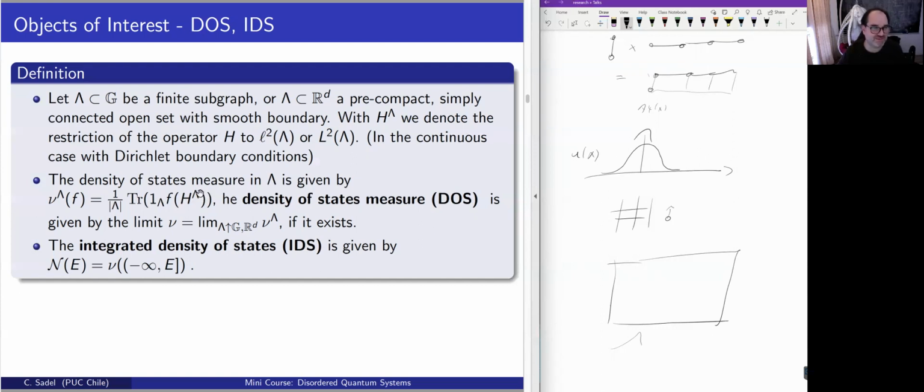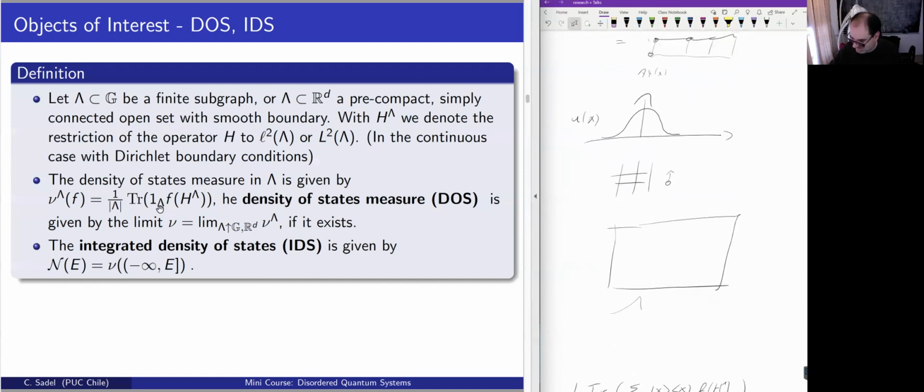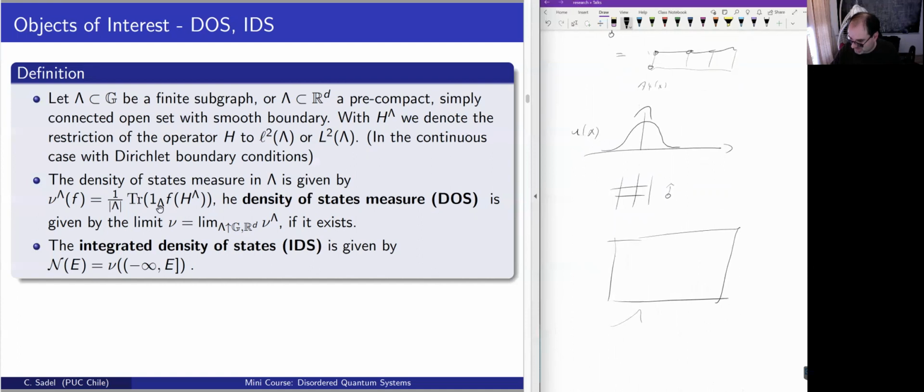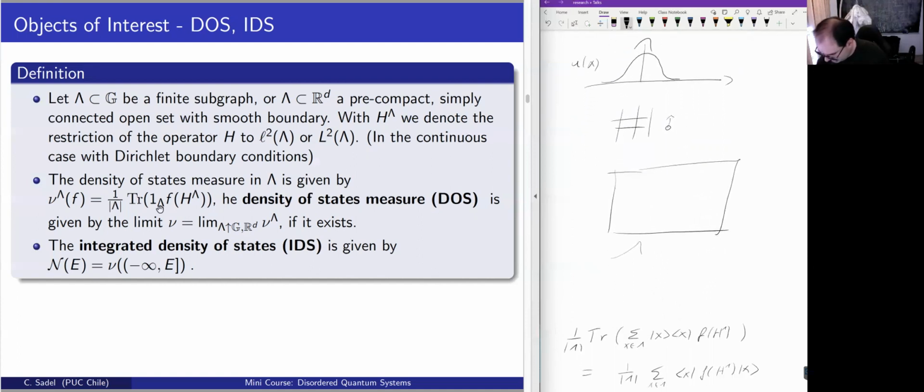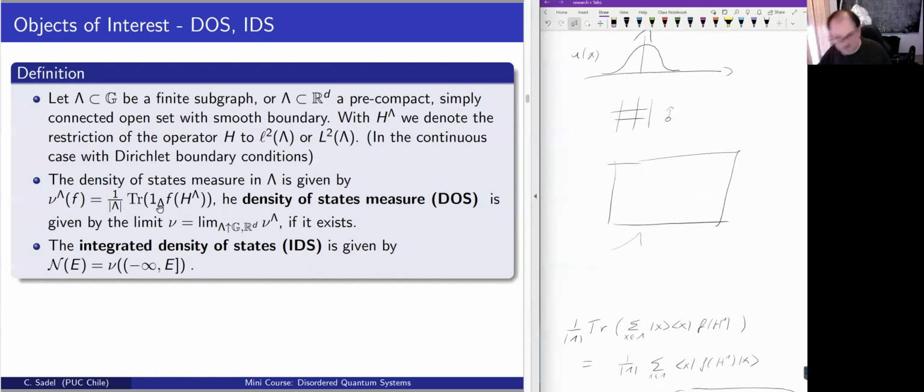So what you do is, I actually see there is some small mistake. You don't really need this here. So the way to do this is to look at the trace of some function f of H_Lambda, and you normalize it by 1 over the size of Lambda, where this is, in the continuous case, the Lebesgue measure, and in the discrete case, the number of elements in this subgraph.